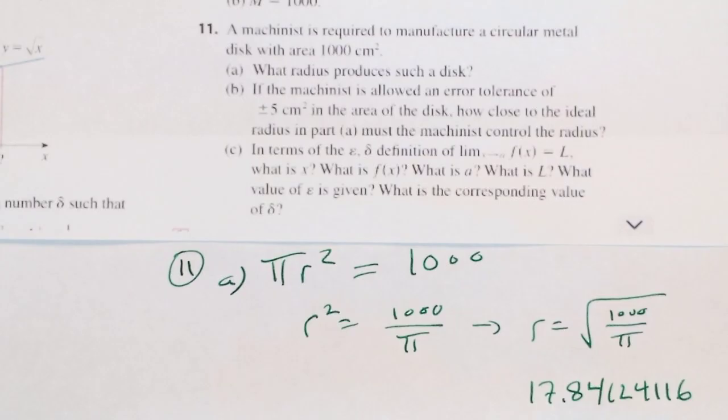What are the radii that do that? Oh, wait a second. All I have to do is do this again, but now I have to do it for 1,005 and for 995.